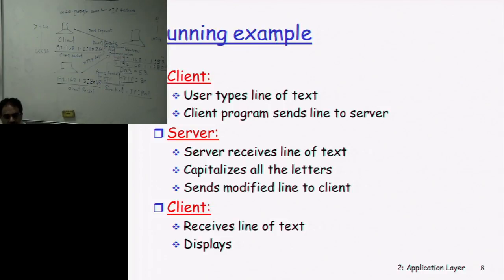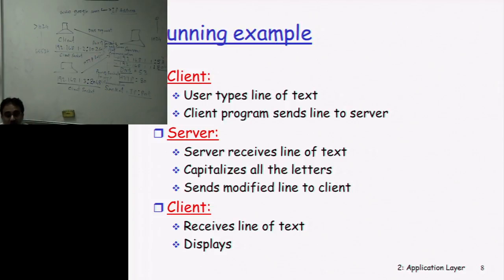What is the job of that application program? The client side application will accept the line of text from the user who is typing it. What will the client program do with that line of text? The client program will send that line of text to the server.